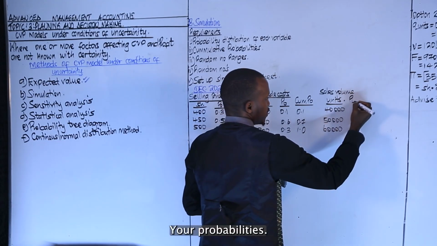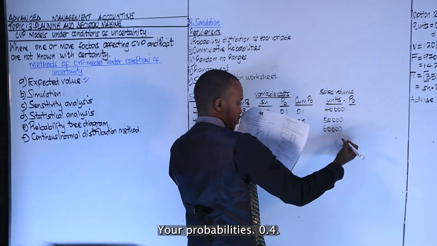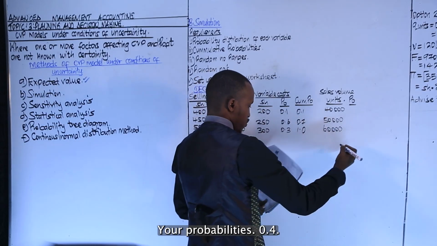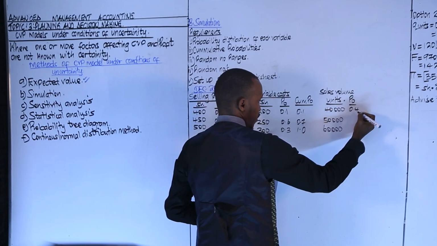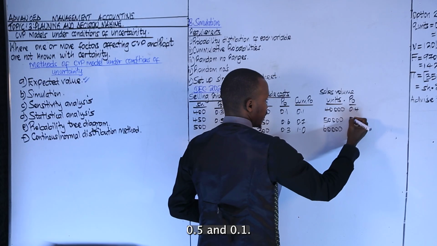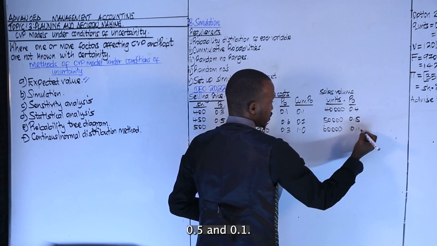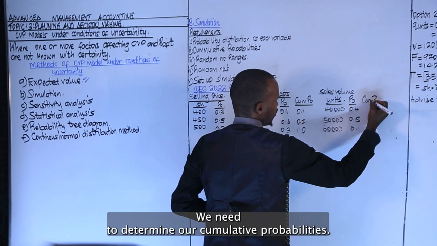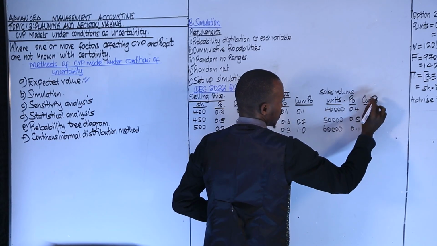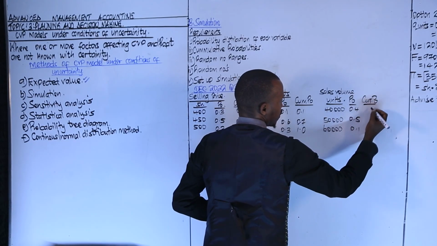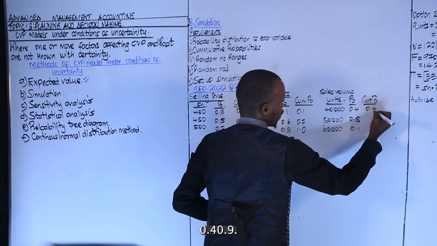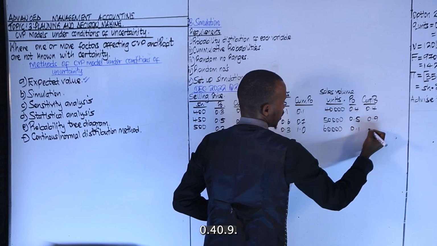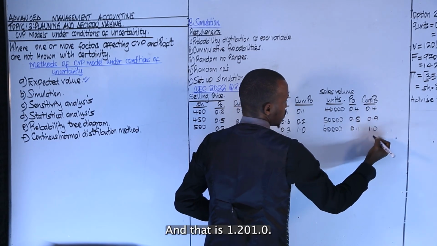Your probabilities are 0.4, 0.5, and 0.1. We need to determine our cumulative probabilities: 0.4, 0.9, and that is 1.0.